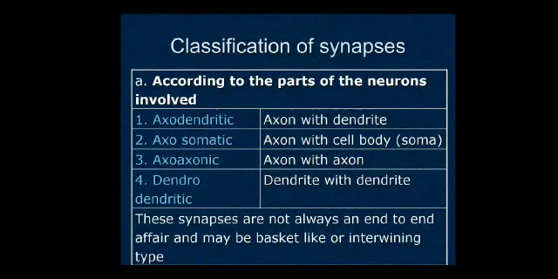If the synapse is formed on the soma of the postsynaptic neuron, then it is called axosomatic. And few dendrites form the synapse with the dendrite of the postsynaptic neuron. So these are the different types of synapses. Out of these, mainly you will see axodendritic type of synapses.